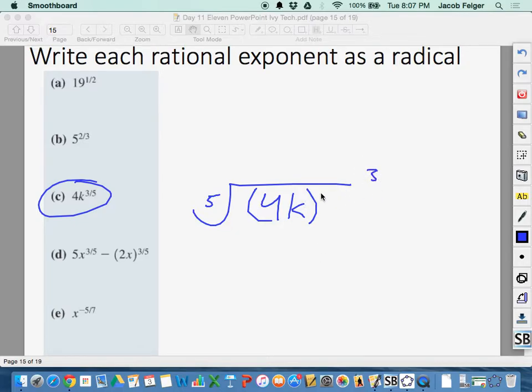Yeah, you go over the top of that right there. So you either want to do it like this, or put your parentheses around the whole thing. This one here is easier.